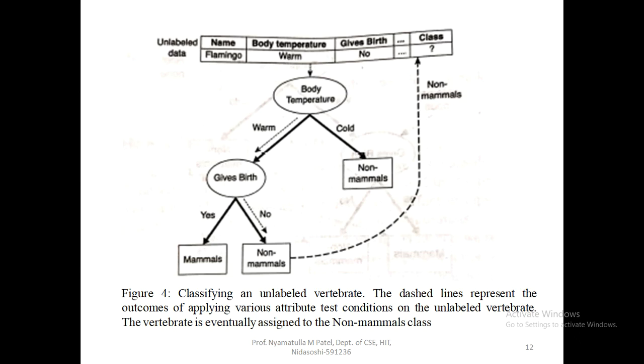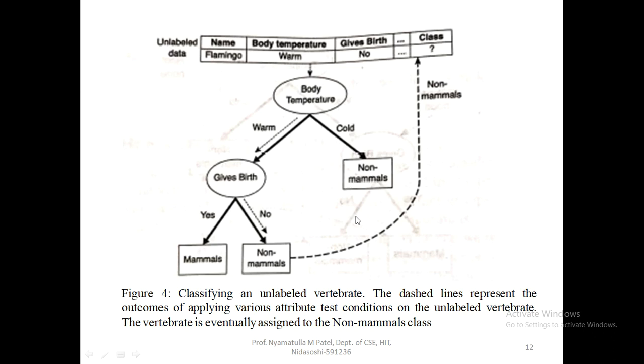One attribute is body temperature, which is warm, and whether it gives birth or not, it is no. Then to which class does it belong? Here, in classifying the unlabeled vertebrate, the dashed line represents the outcome of applying various attribute test conditions on the unlabeled vertebrate. This dashed line will give you the outcome after applying different test conditions. So the vertebrate is eventually assigned to the non-mammal class.